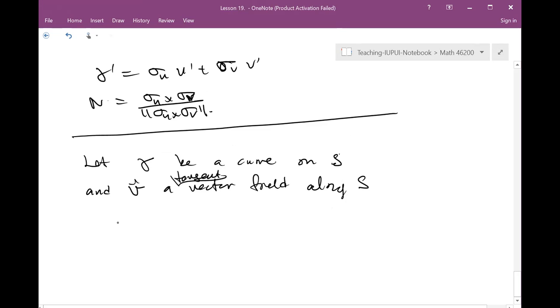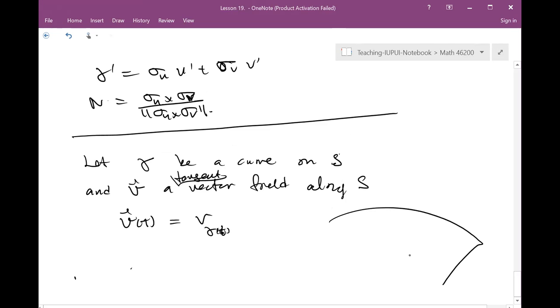So that means V is a function of t, V(t), which is V at the point gamma(t).